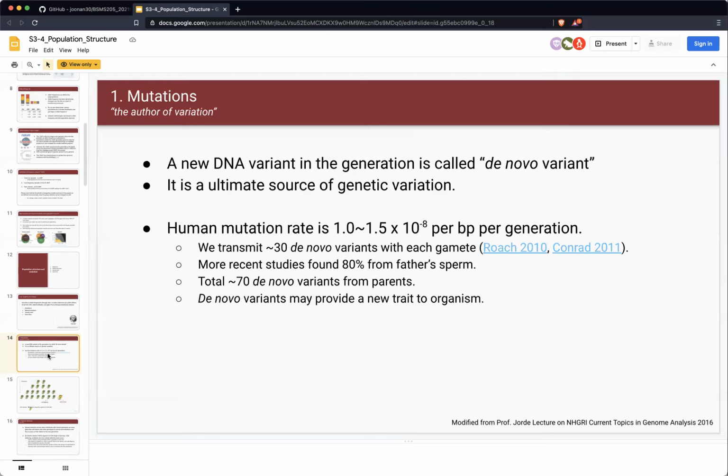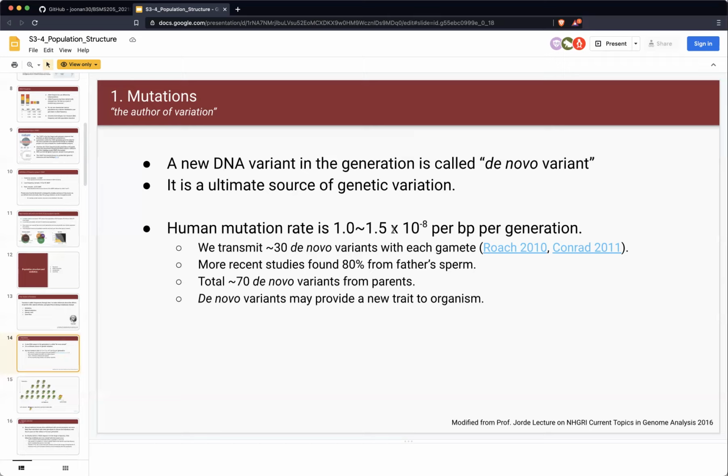That was the first estimation, and these numbers are way higher than nowadays. If you calculate using the current information, we now have about 60 to 75 de novo variants with each gamete, right?